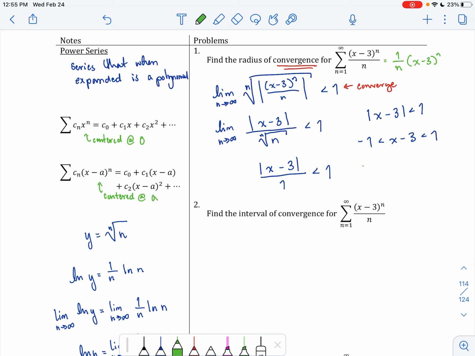If we think about this, that means that x minus 3 is a horizontal shift over to 3. So here's 0, shift to 3. Going from negative 1 to 1 is here. This is our radius of convergence, as we talked about. The distance here is 1. So what you'll often find is that as long as x has a coefficient equal to 1, then what's outside the absolute value is the radius of convergence.